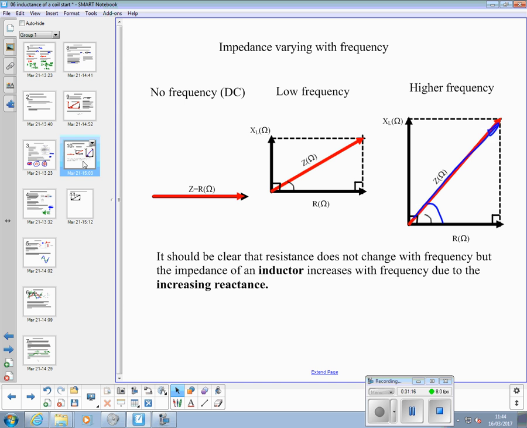I'm going to emphasize it again now. This is a science lesson. Understand the electrical theory behind it and don't get too hooked up in maths. Yeah? In an inductor, if you increase frequency, the impedance is going to go up. Therefore, Ohm's law says the current will go down, because we can have an AC version of Ohm's law that says I AC is equal to V AC divided by Z, the impedance.